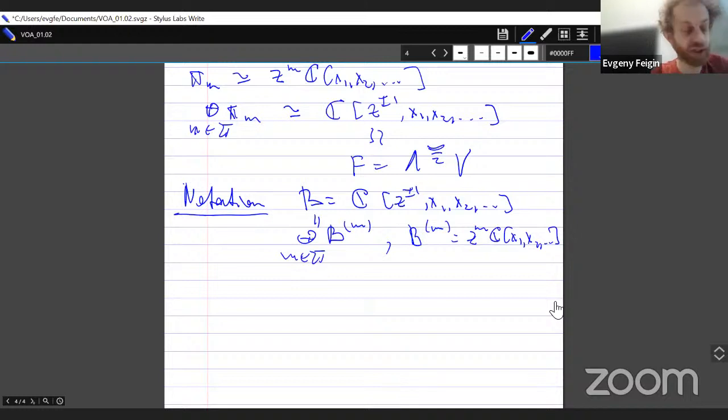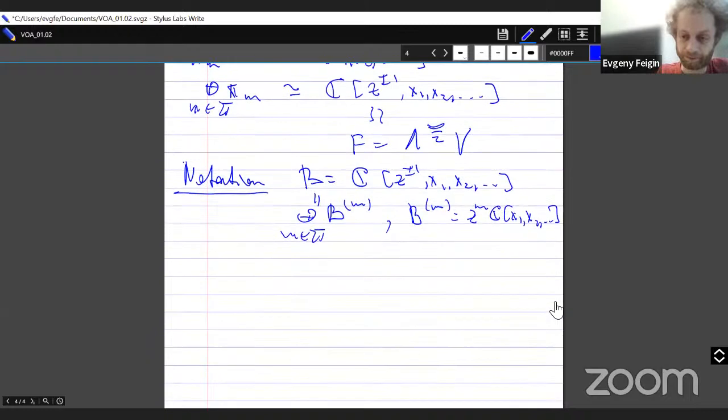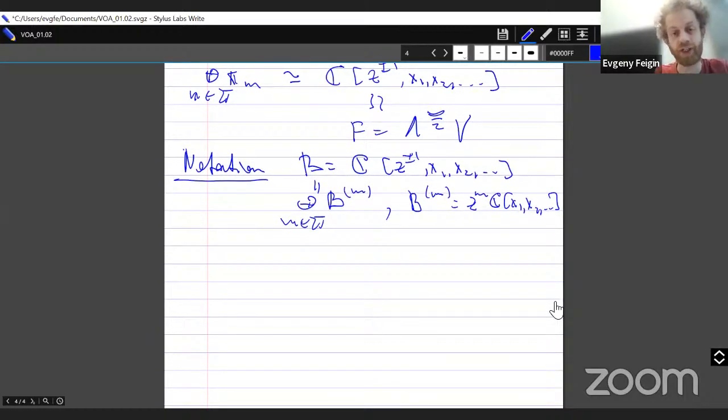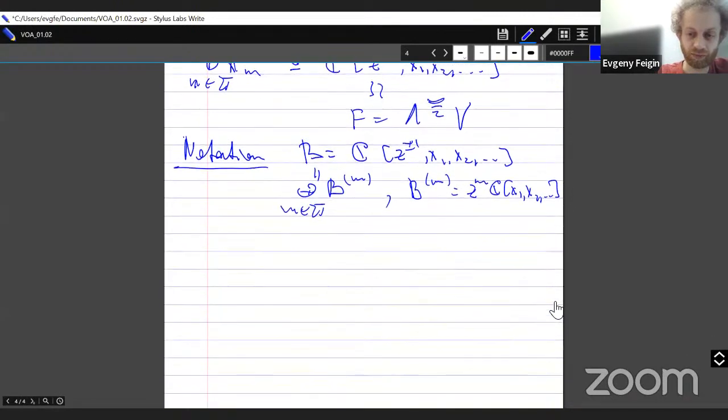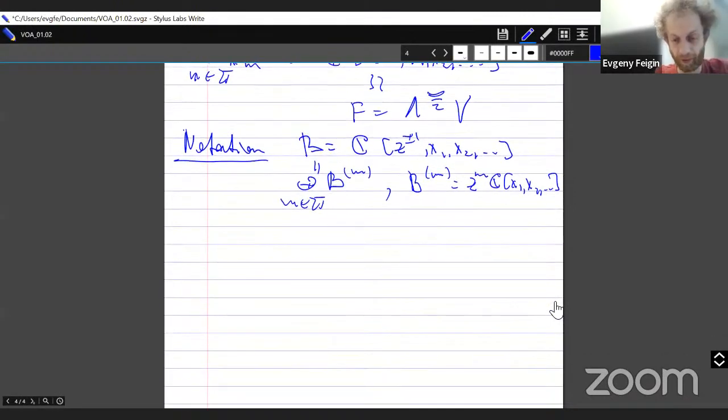So what is the structure we are looking for? The structure is as follows.